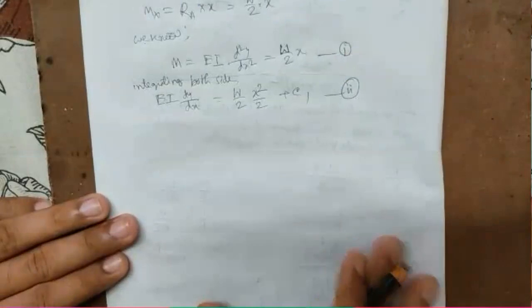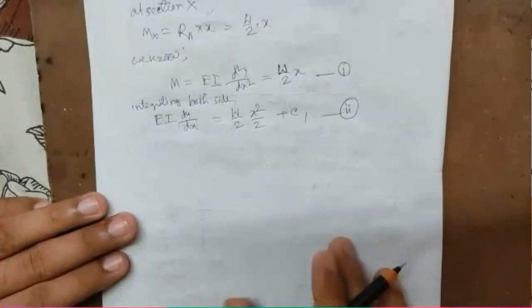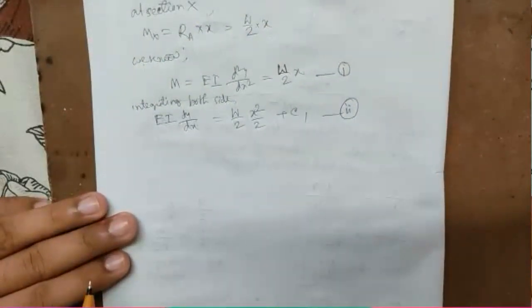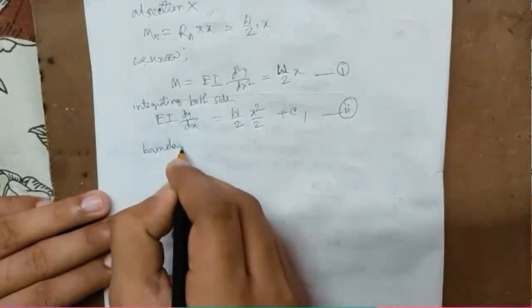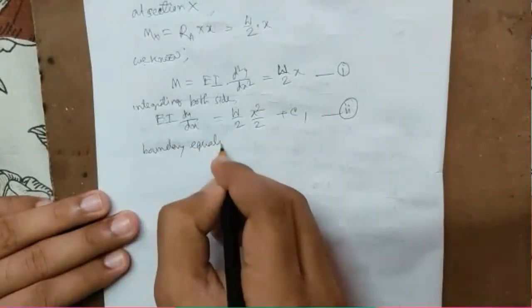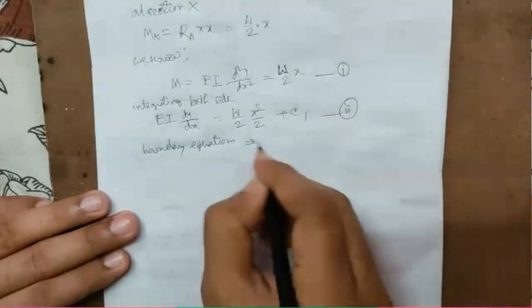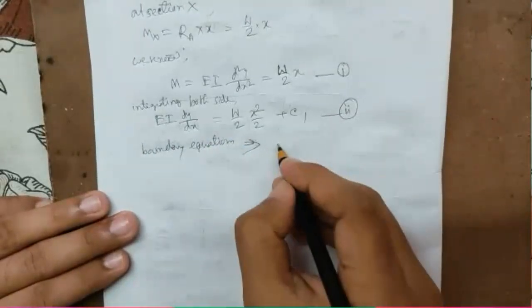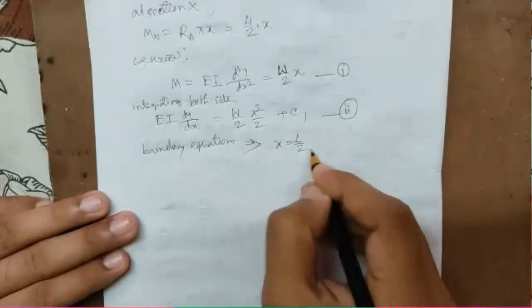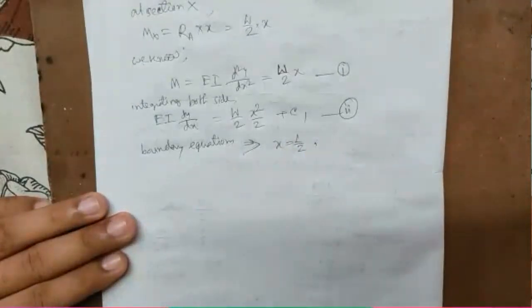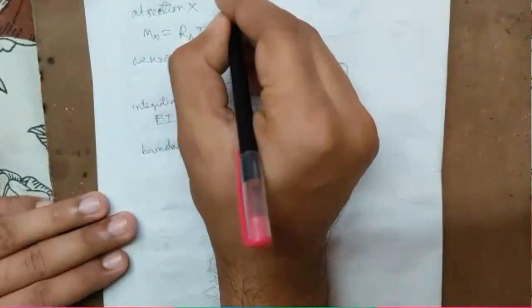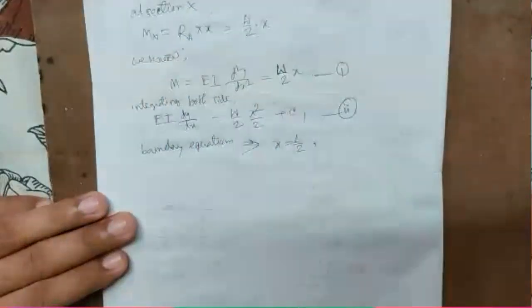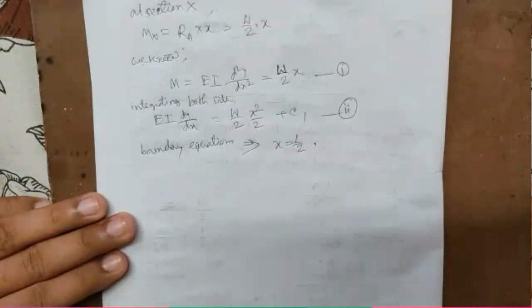Now our job is to find out C1. C1 can be found out by using the boundary conditions. What are the boundary conditions? At x equal to L by 2, at the middle, the slope of the beam will be 0. The tangent at center will be horizontal.